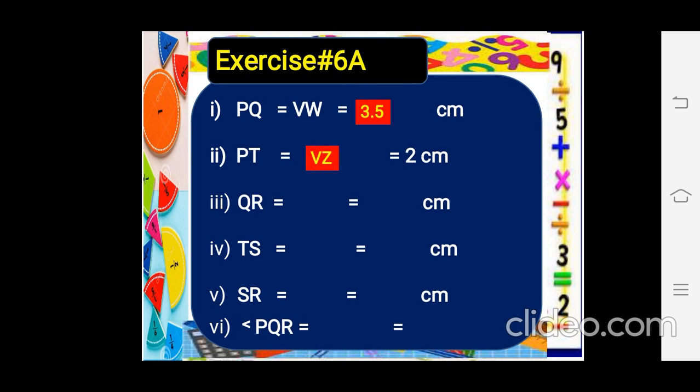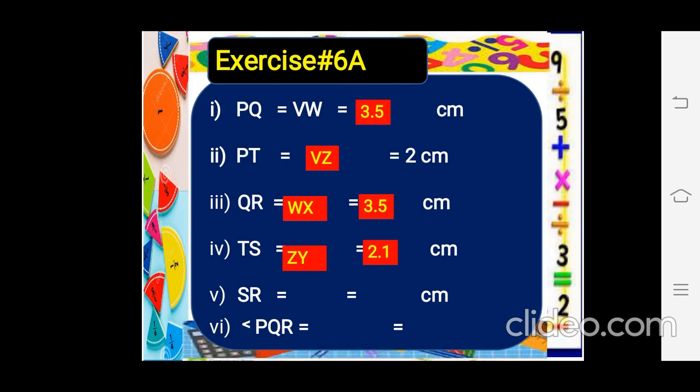The congruent of QR is WX and the length of QR is 3.5 cm. TS is congruent to ZY. The length of ZY is 2.1 cm.